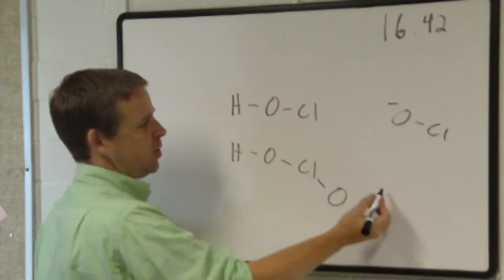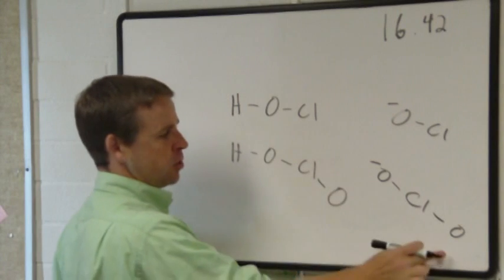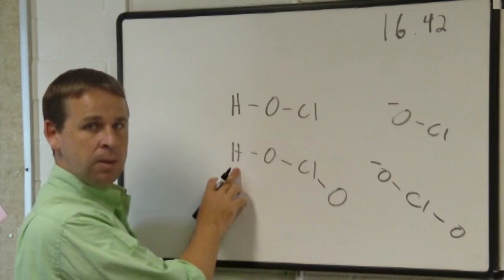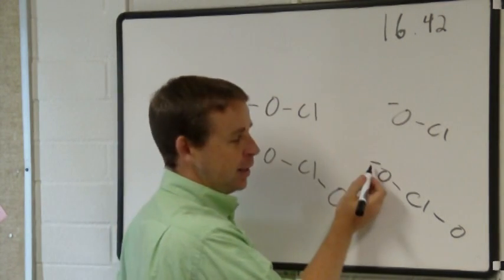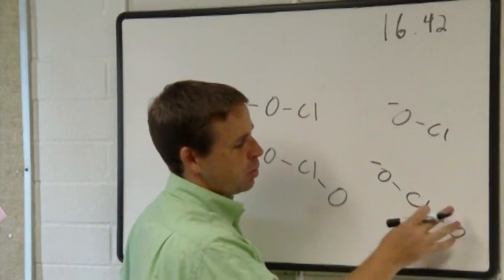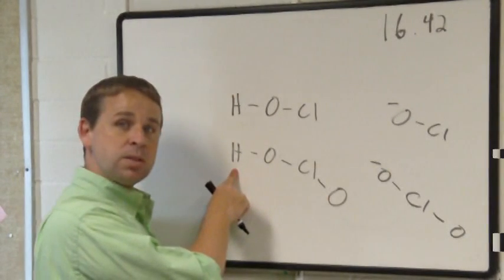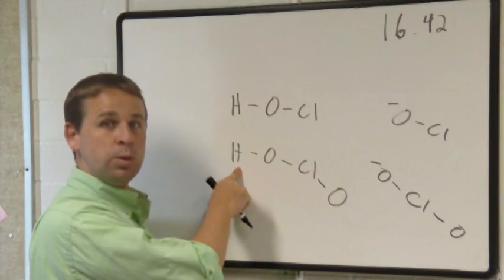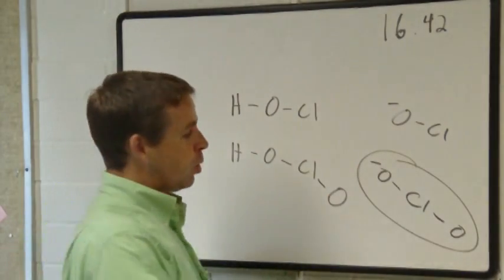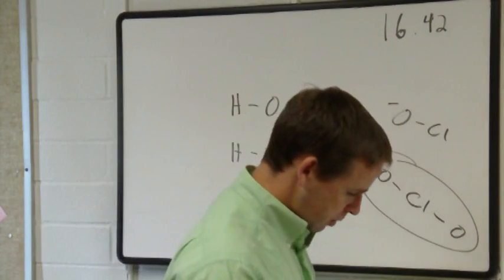On the other hand, if ClO2 with a negative charge is formed when this proton is left, that electron density has the ability to be sucked across to this other oxygen. So we have an increased ability to stabilize that negative charge, and that's an increased ability to remove that proton. So this will be our stronger acid. In oxyacids, the one with more oxygens will stabilize that negative charge better and becomes the stronger acid.